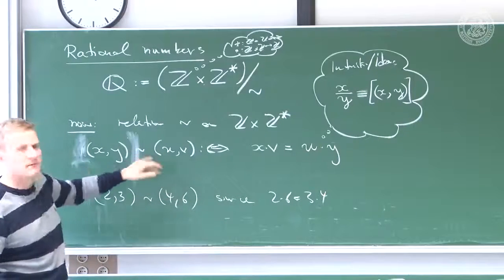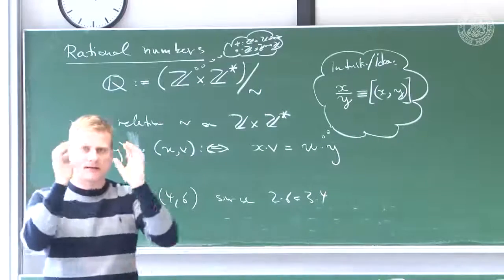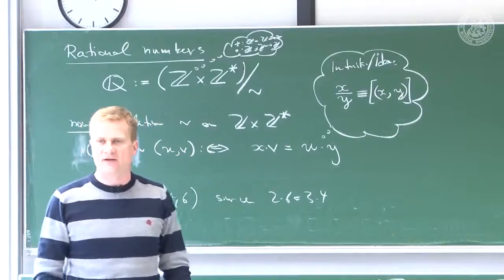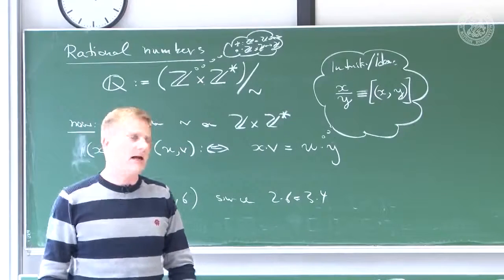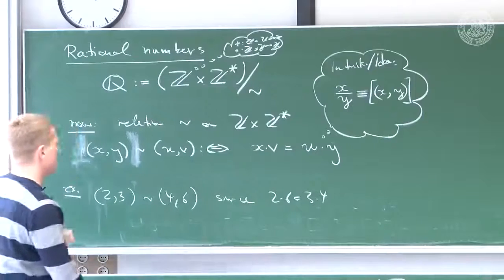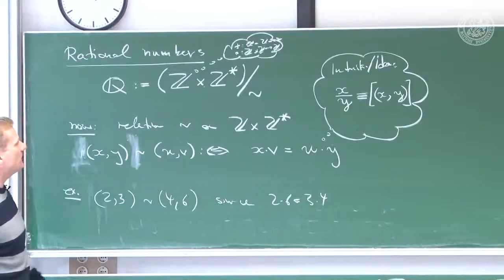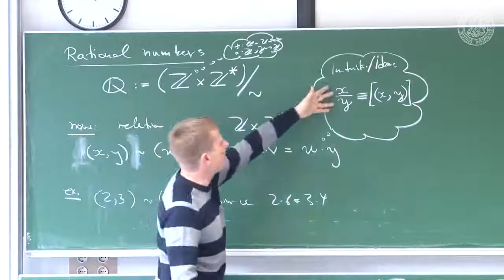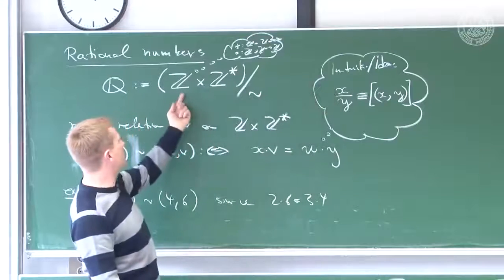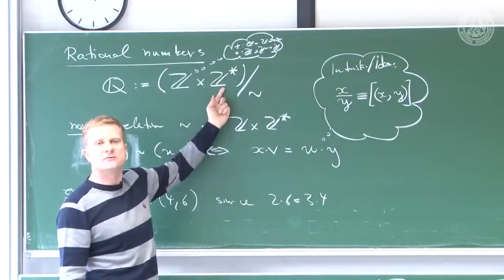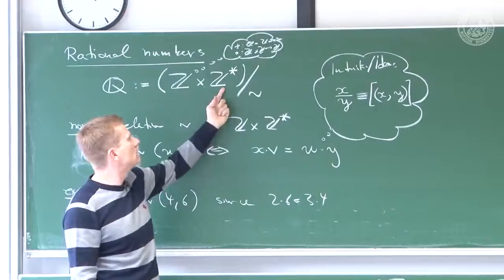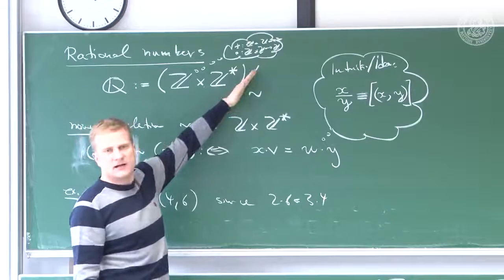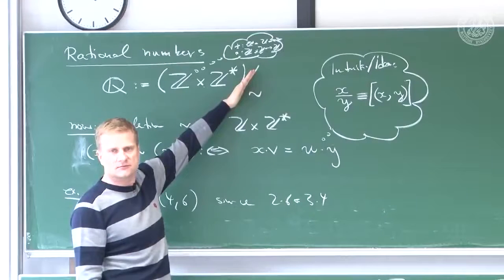So the glasses you put on now is you ignore common factors of the numerator and the denominator. Okay? And then it's pretty clear, indeed, fractions are pairs of numbers in the numerator and in the non-zero denominator, but under the identification of cancellations.